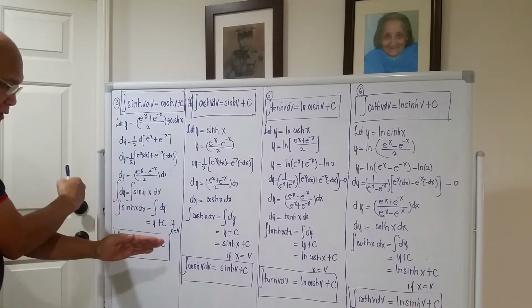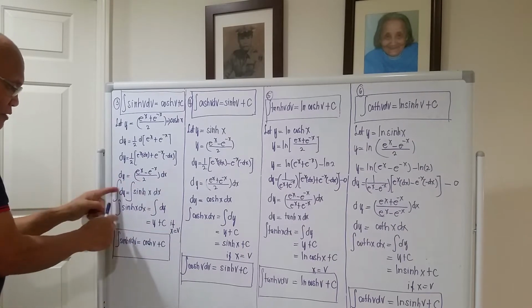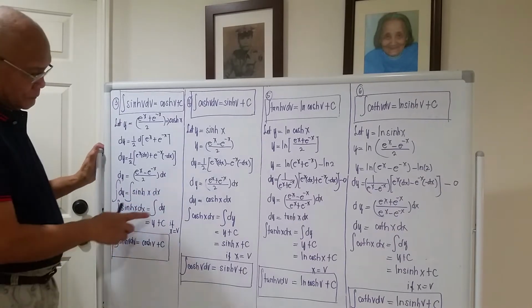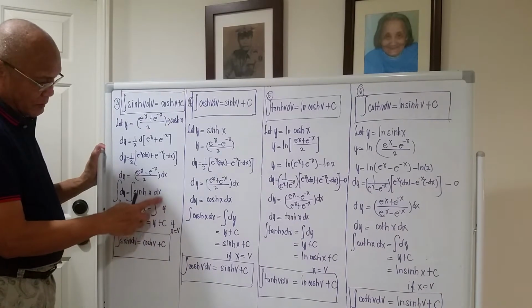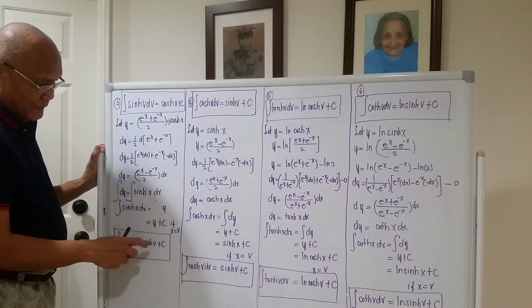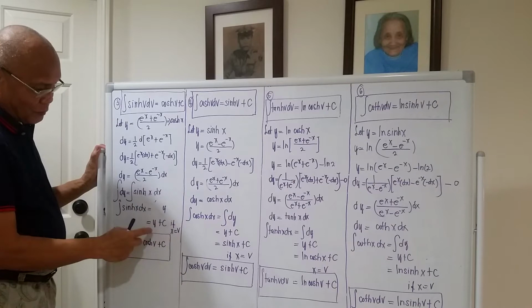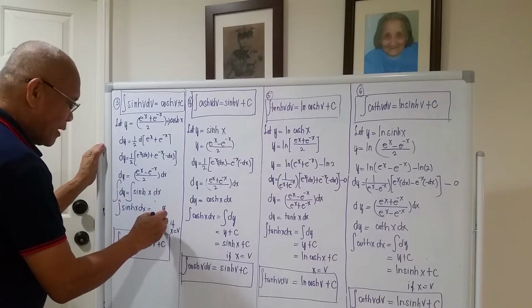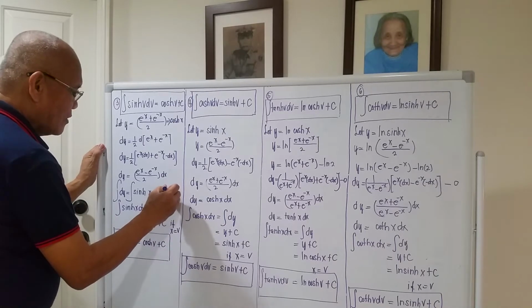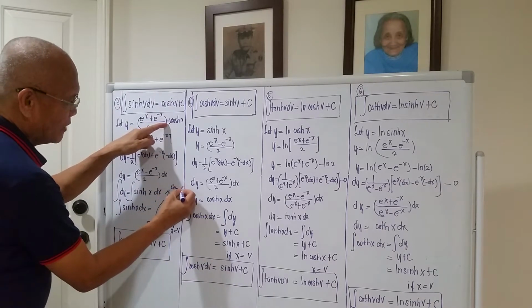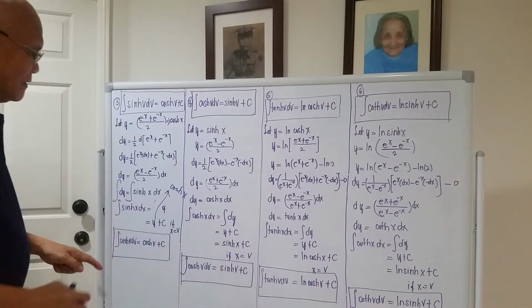I just rearrange, okay? This goes to the left, this goes to the right. The integral of the differential of y, this cancels out. Right, guys? So the right hand side will be y plus c. But what is y? Y is hyperbolic cosine of x, right?